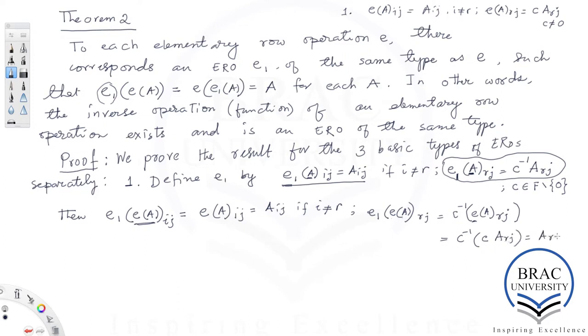And this is Arj. Okay, so let me repeat: E1 of E of Aij is equal to E of Aij using this definition, and E of Aij is equal to Aij using the original definition of this type, where I is not equal to R. Okay, and E1 of E of Arj is equal to C to the minus 1 times E of Arj using this part of the definition of E1, and E of Arj is equal to C times Arj using this part of the original definition of the type 1 of elementary row operations.